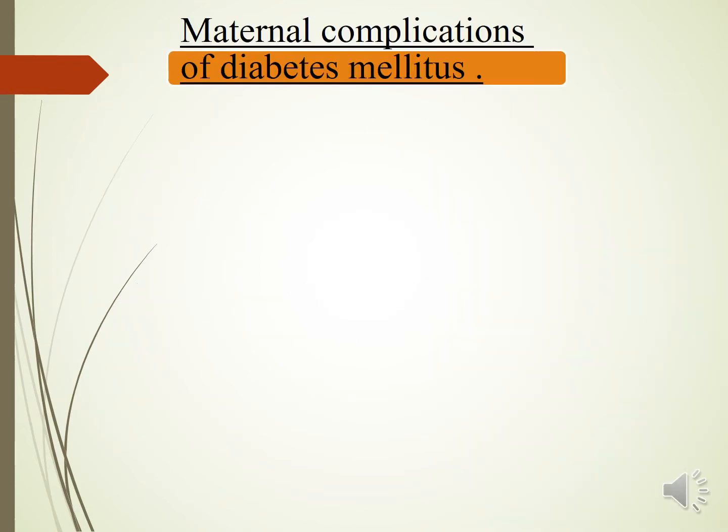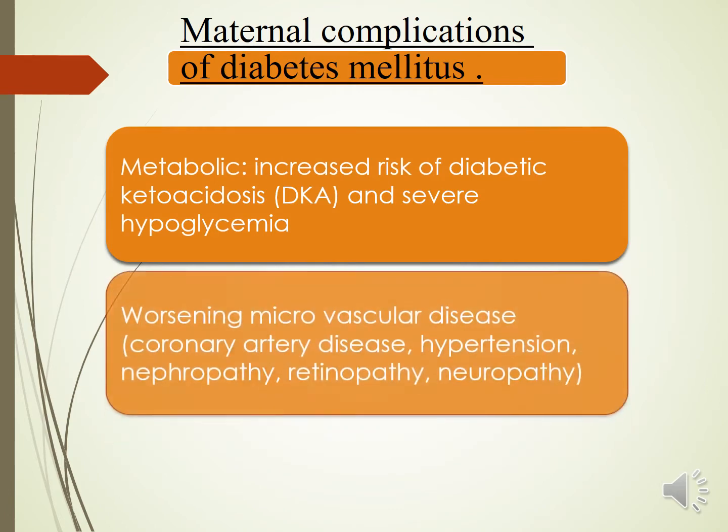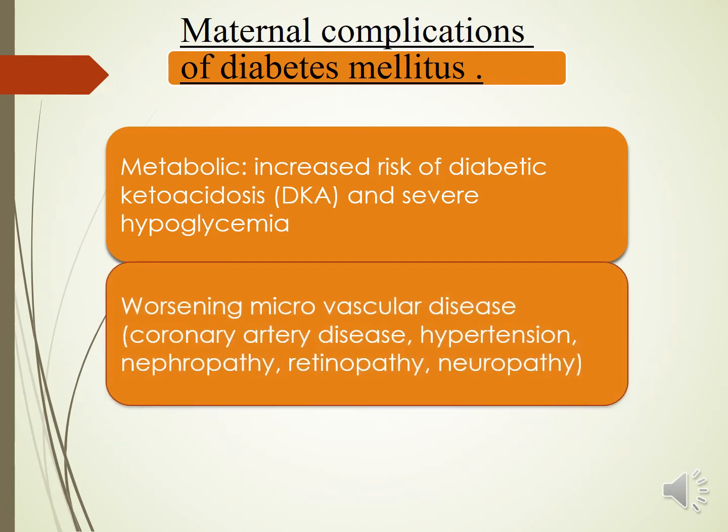Diabetes could have complications on the mother, the fetus, and the newborn. Regarding maternal complications, there is increased risk of diabetic ketoacidosis and severe hypoglycemia. There is a risk of worsening microvascular disease, coronary artery disease, hypertension, nephropathy, retinopathy, and neuropathy.